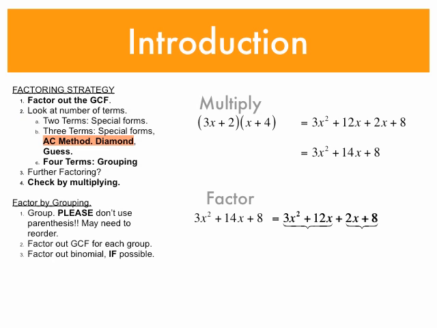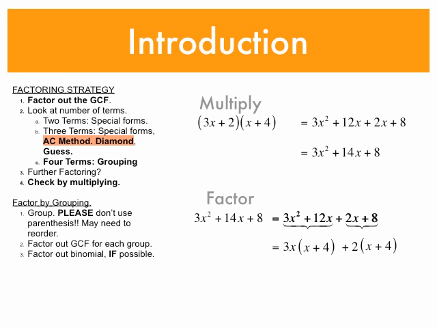What do the first two have in common? They have a 3x in common, and the last two have a 2 in common. If I factor 3x out of the first two, I'm left with x from the first term and 4 from the second term. Now if I factor 2 out of the last pair, I'm left with x from the 2x and 4 from the 8.